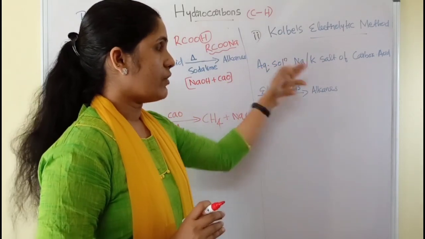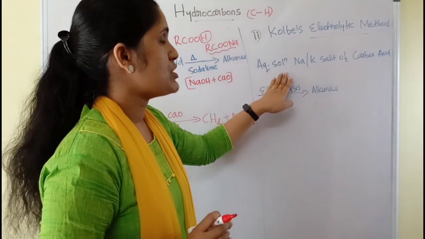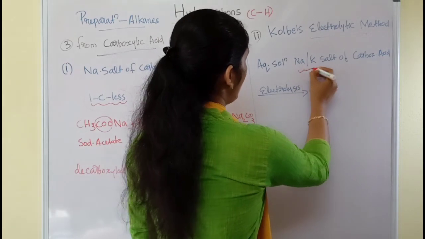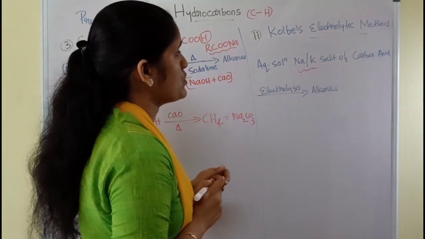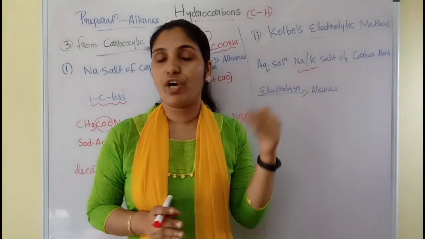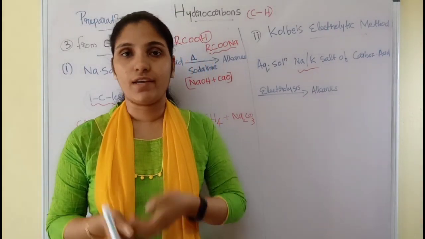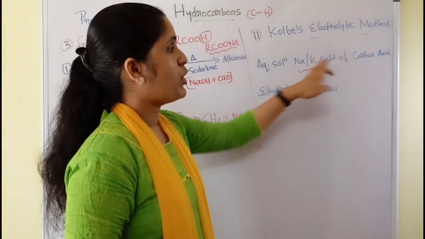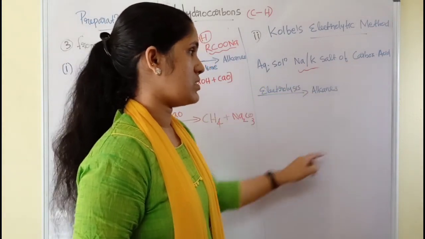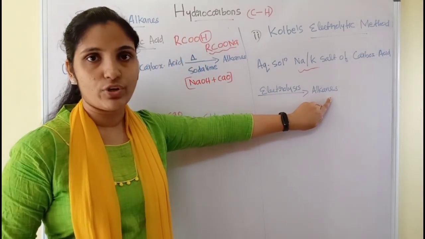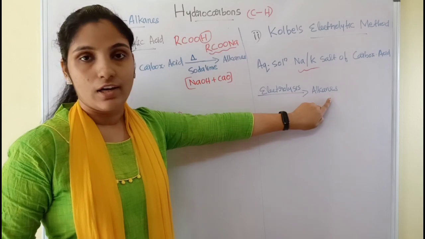Here an aqueous solution of the sodium or potassium salt of a carboxylic acid is used. That means in this case also we are not taking the carboxylic acid directly. The sodium or potassium salt of the carboxylic acid, on electrolysis, gives alkanes.